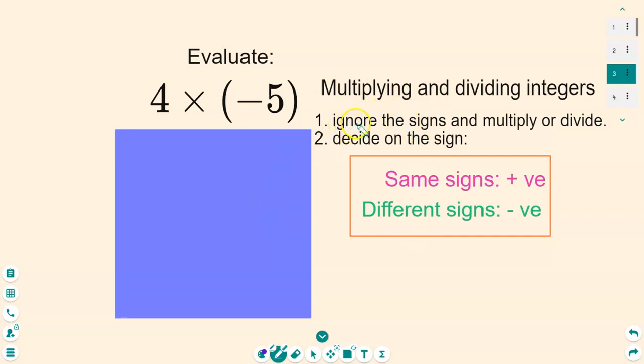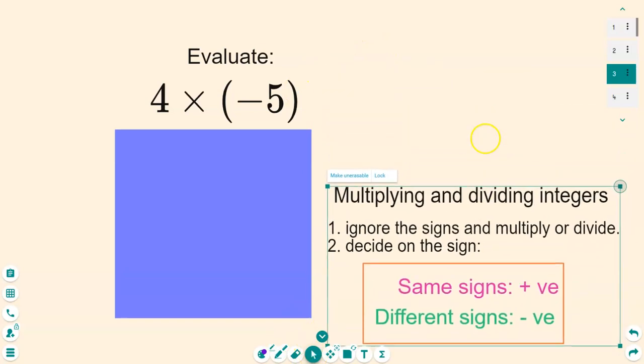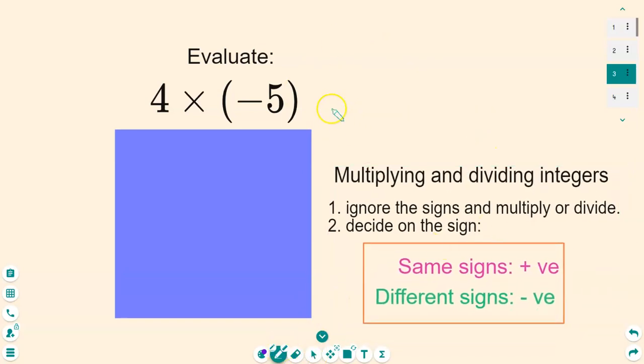The first thing, we're going to ignore the signs and just multiply or divide the numbers. So here we've got 4 times negative 5. We're just going to go 4 times 5 is 20.